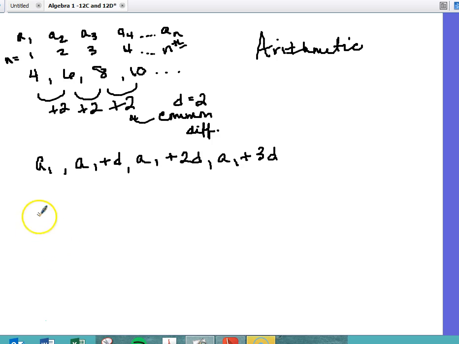So when we write a formula for the nth term, I'm going to write a generic one, A sub 1 plus that common difference, one less than the number that we are on. If I'm on the fourth term, I've only added it 3 times. If I'm on the third term, I've added that difference 2 times. So I've added that common difference n minus 1 times.